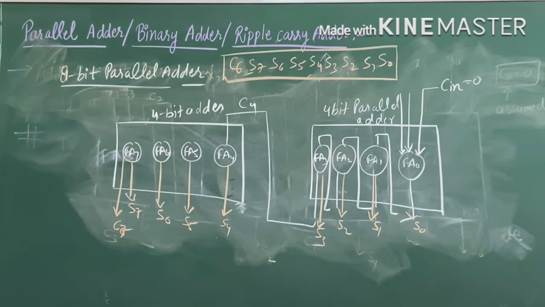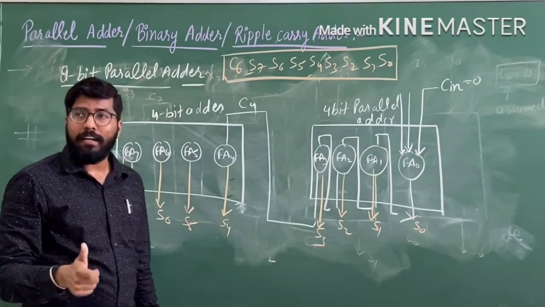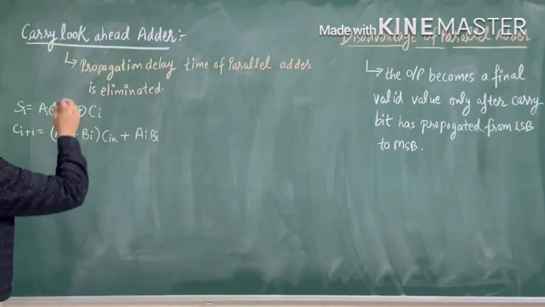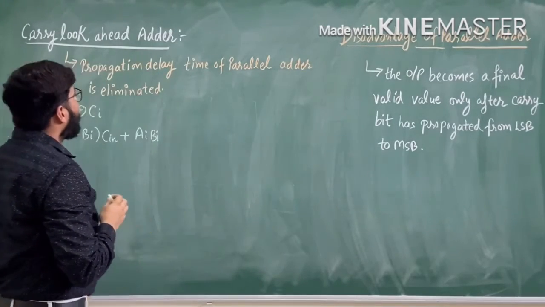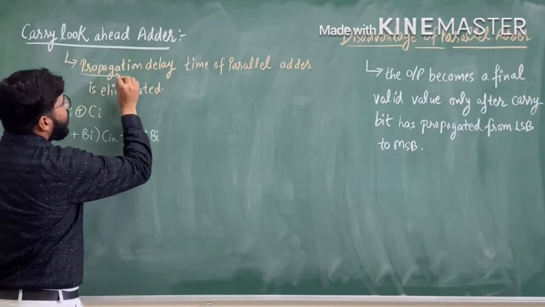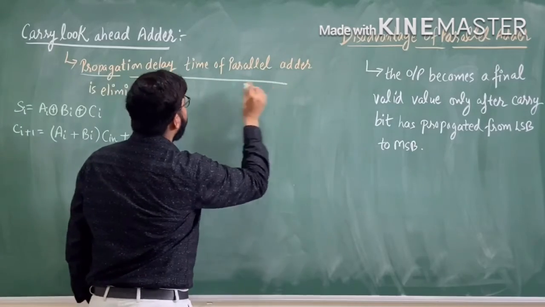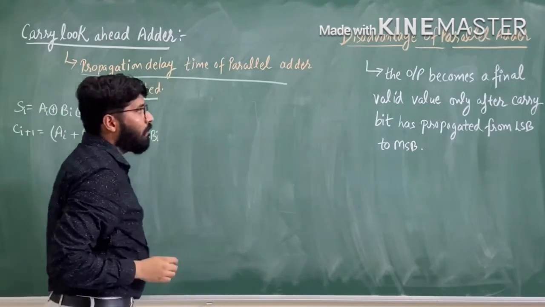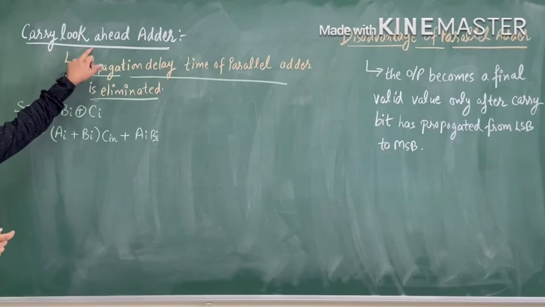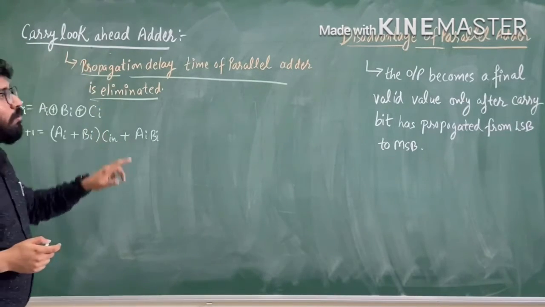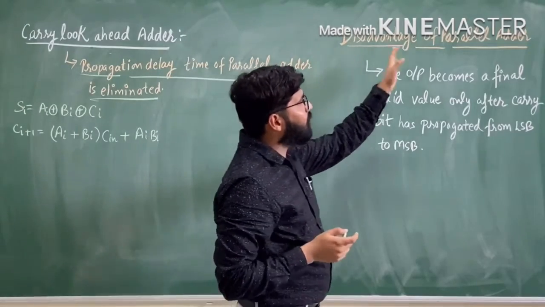Now put a heading: carry look ahead adder. In the carry look ahead adder, the propagation delay time of the parallel adder is eliminated. This is the drawback of the parallel adder that is eliminated in the carry look ahead adder. First you have to write the disadvantage of the parallel adder.